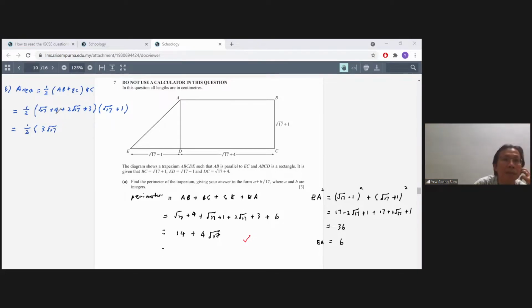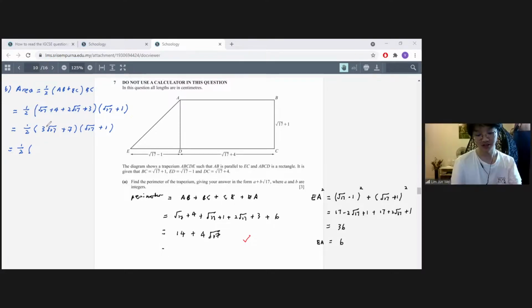Number 7. Multiply inside. These two brackets multiply together. 51.